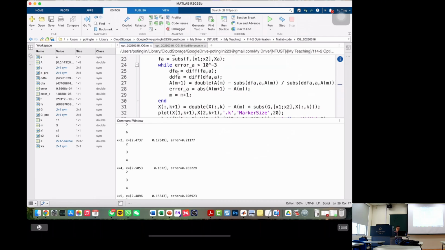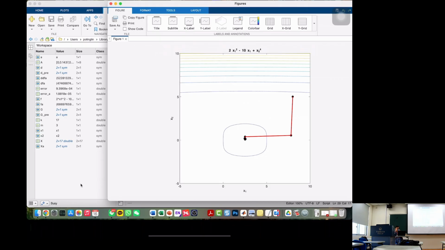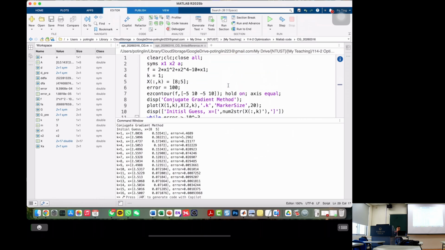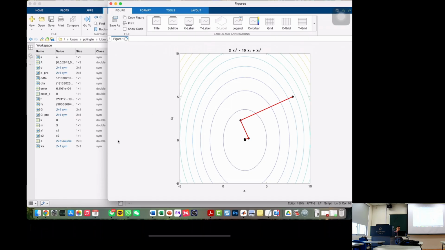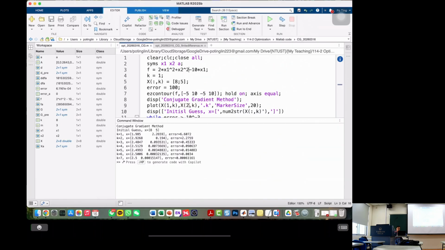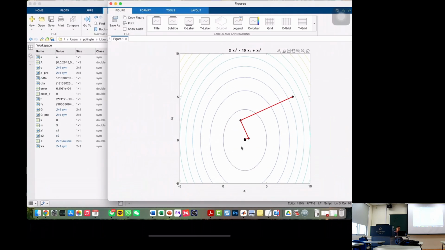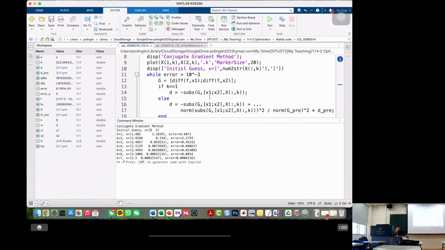And then solve it. Sixteen iterations. Let's solve the quadratic problem first. Okay, and it doesn't look like it's working.